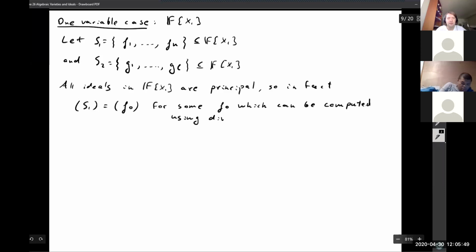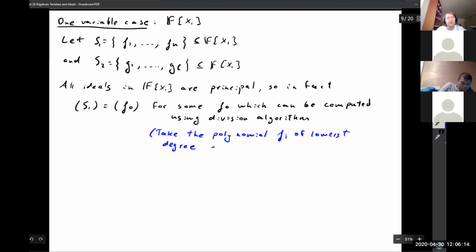Basically take the polynomial fj of lowest degree and divide all f1 to fn by fj, right?